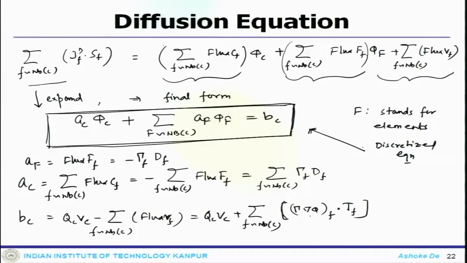This is the contribution which comes as a source term in the non-orthogonal case, the cross diffusion term. As I was mentioning, the discretized equation looks exactly the same for your orthogonal or non-orthogonal system.